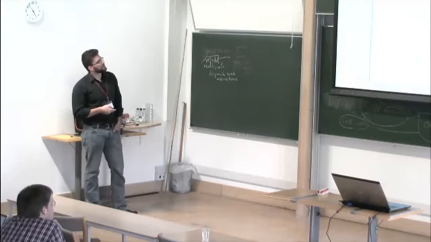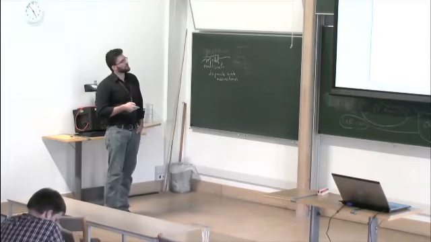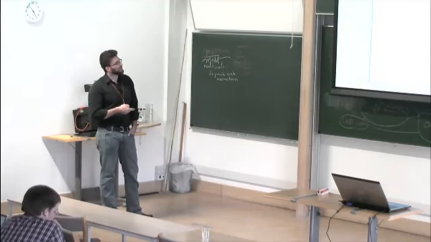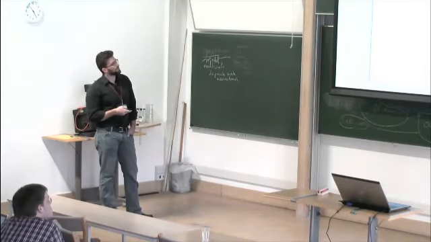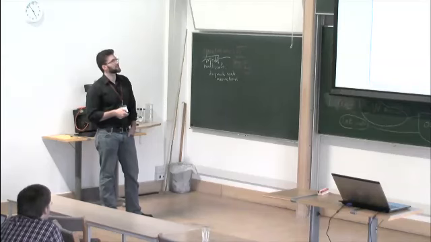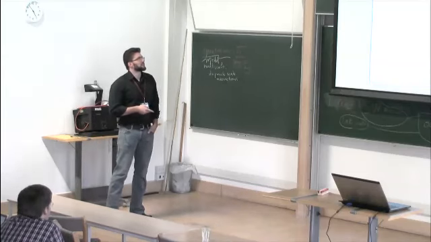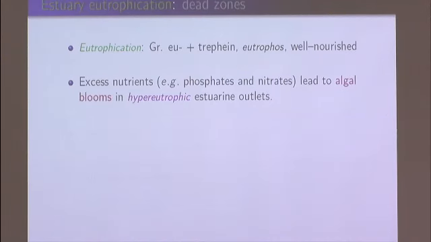Okay. So I'll just show you a fun application that we came up with for this. This is a eutrophication study. Eutrophication means well-nourished. What happens in rivers in general, like the Mississippi River, where you have farmlands, is you get a lot of nitrates and phosphates coming off from fertilizers, and they just run off into the ocean.